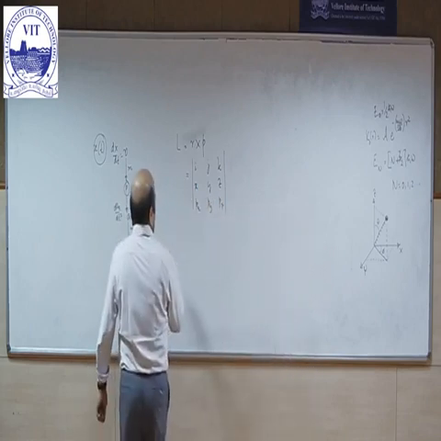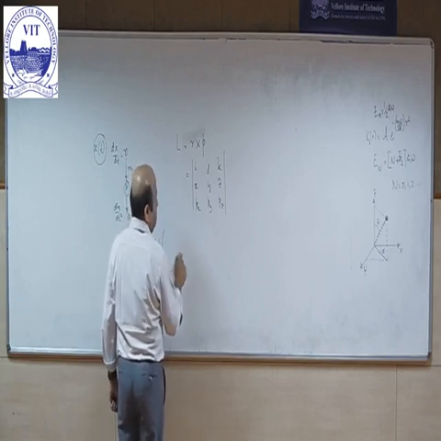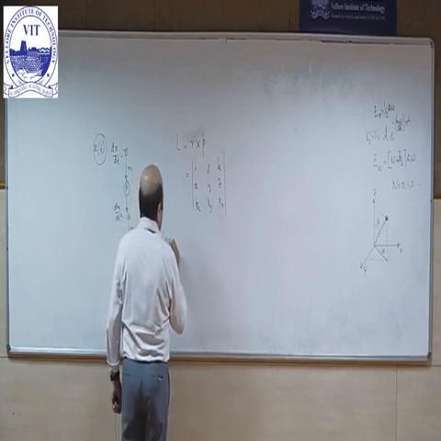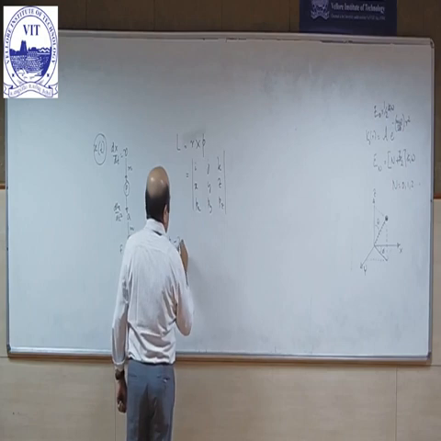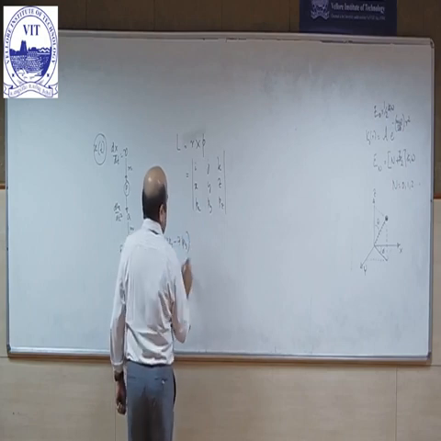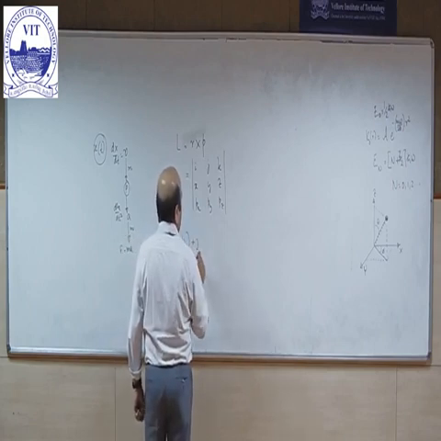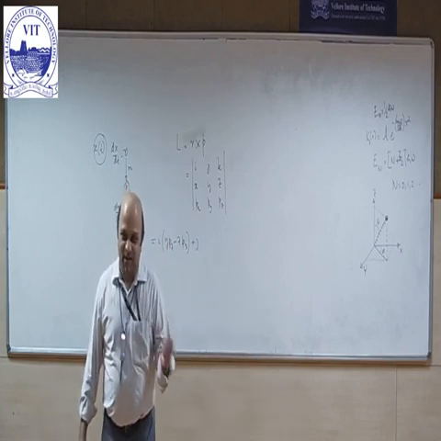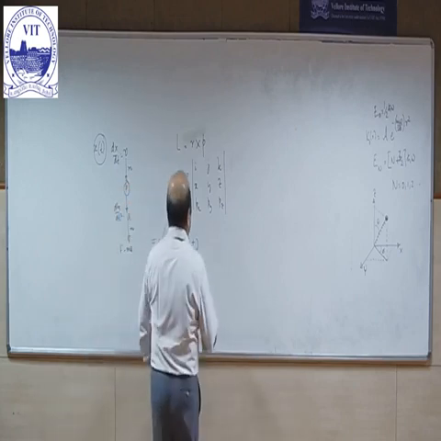Okay, so what is this? i times (y pz minus z py) plus j. You can write minus, you can write plus. Okay, so I'll write plus, no confusion.